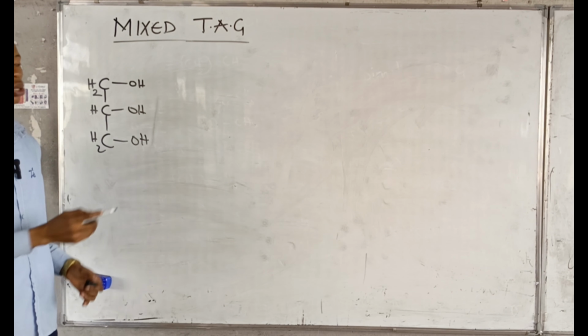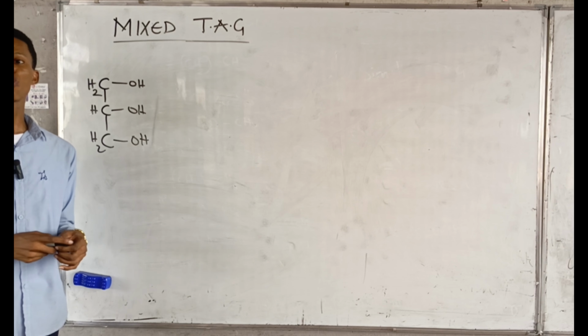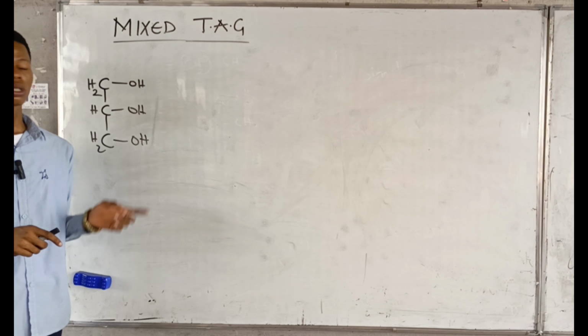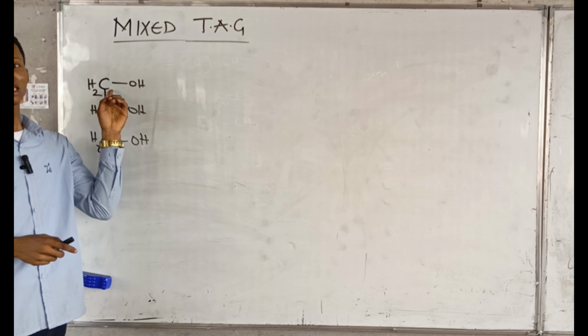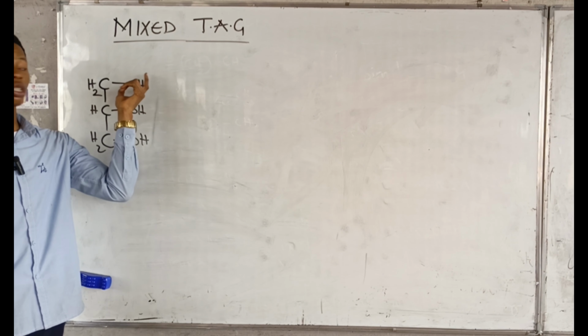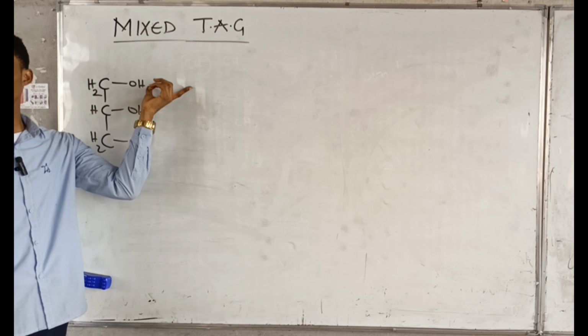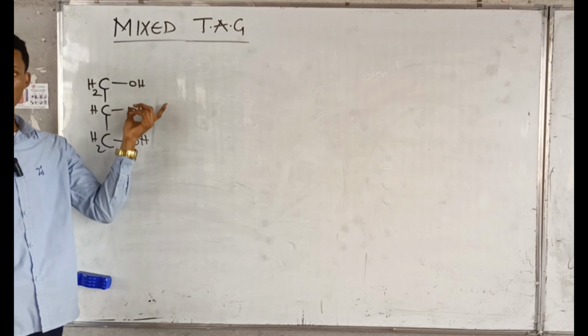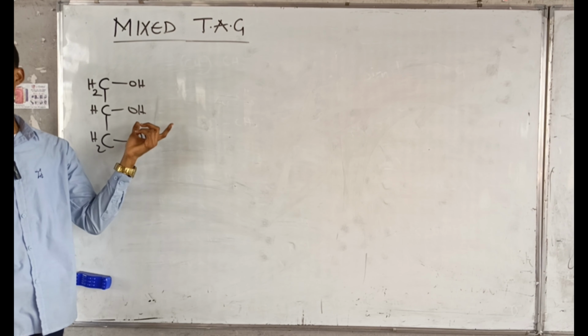Glycerol, right? Good. Now, one thing you need to note: when you are drawing your mixed triacylglycerol, at carbon 1, what you always have there is a saturated fatty acid. So the fatty acid you're putting here should always be saturated. No double bond should be found there. Do you get that? But for the other ones, you can put either a saturated or unsaturated fatty acid.